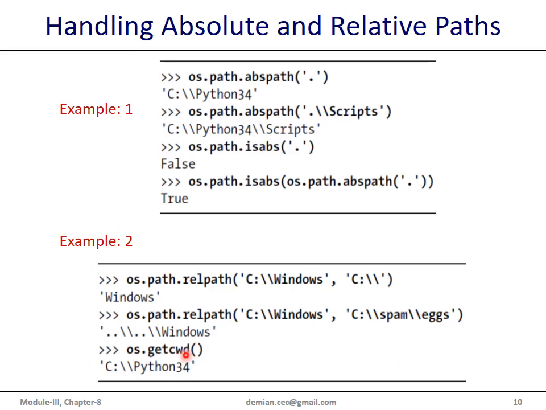And getcwd gives the current working directory. This example is related to the previously shown folder structure. That's why we get this answer: dot dot slash windows as the relative path between the start path and the path which is specified in the first argument.